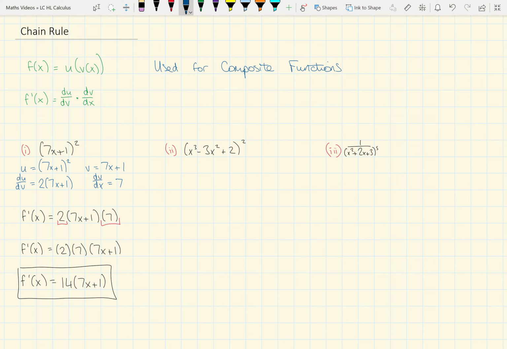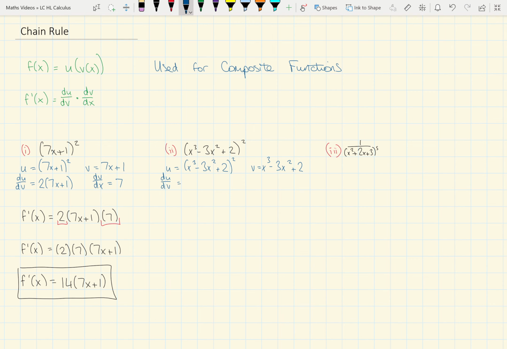Part 2, same idea, just a little longer. My outside function is the bracket squared, so that's u. And then my inside function is everything inside the brackets. Okay, so we'll differentiate both.